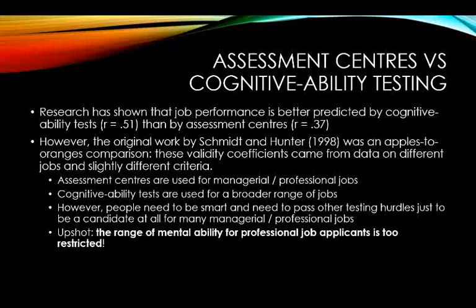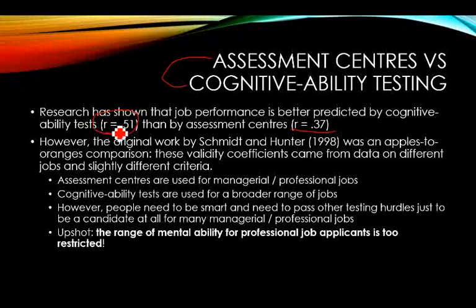Now, there is recent research that has more systematically compared assessment centers and cognitive ability tests. Traditionally, work by Schmidt and Hunter has shown that cognitive ability tests have much better validity coefficients than assessment centers, yeah? So here we have 0.51 versus 0.37.